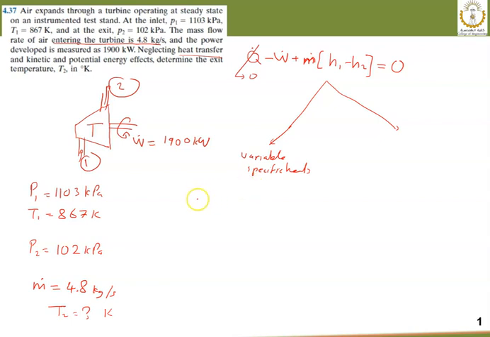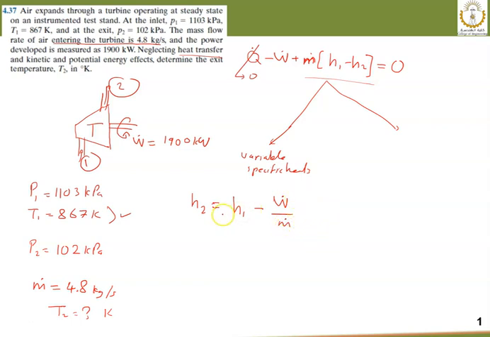If we use tables, then we can get H1 from T1, and H2 from this equation will be H2 equals H1 minus W dot over m dot.